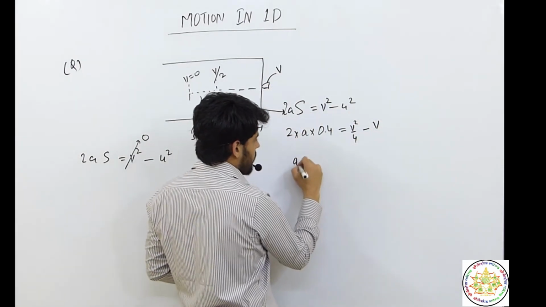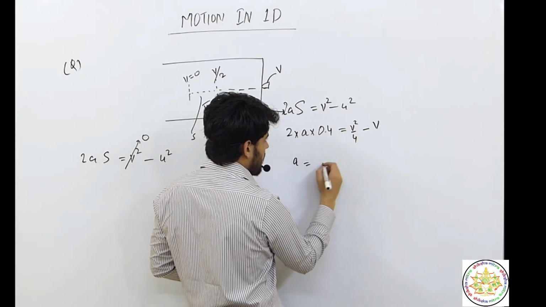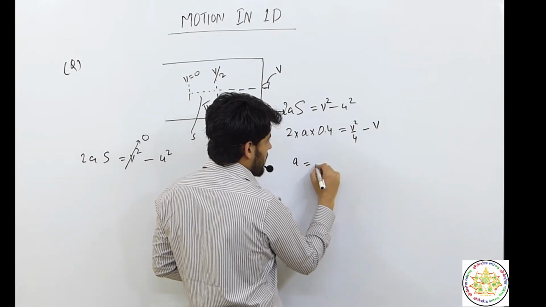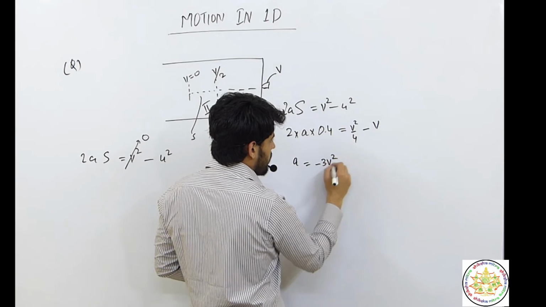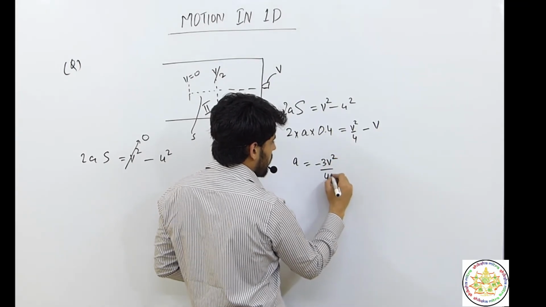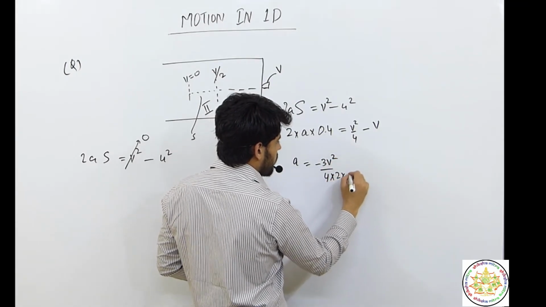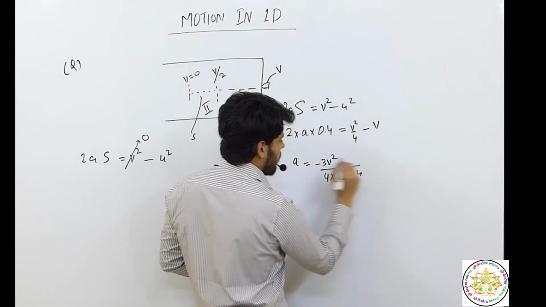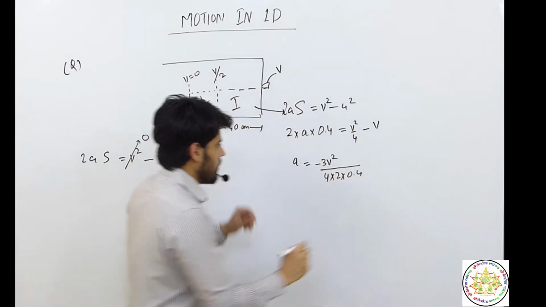Okay, fine. So acceleration comes out to be minus 3 v square by 4 into 2 into 0.4. This is the acceleration.